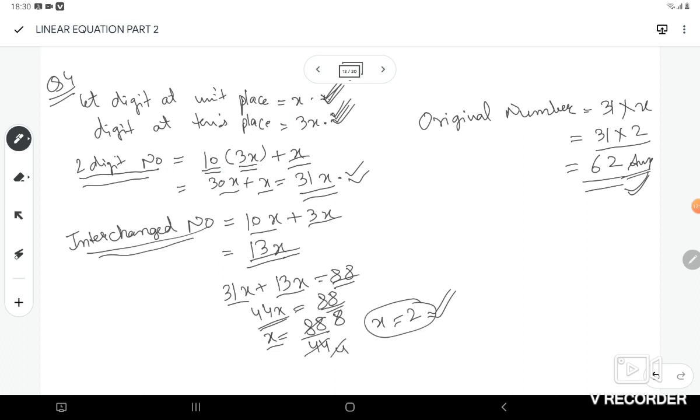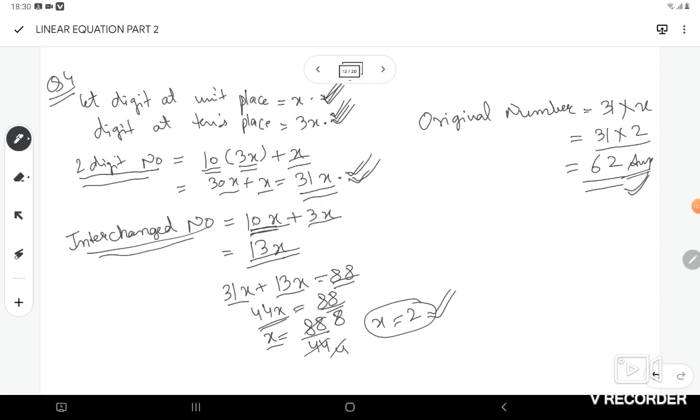So 10 times 3x plus x gives the value 31x. Now the question says if we interchange the two digits and add the resulting number to the original number, we get 88. When we interchange, the ones digit becomes the tens digit, and the tens digit becomes the ones digit.